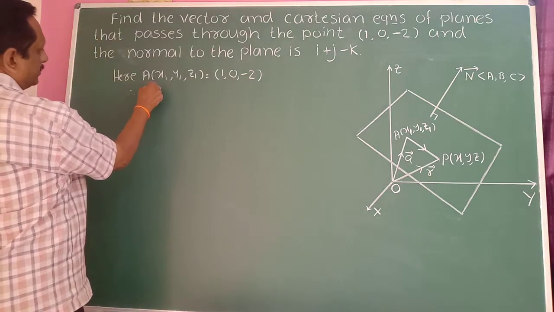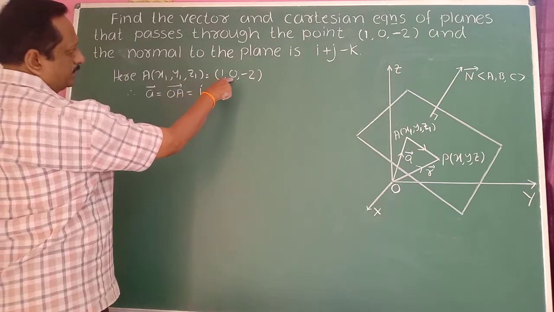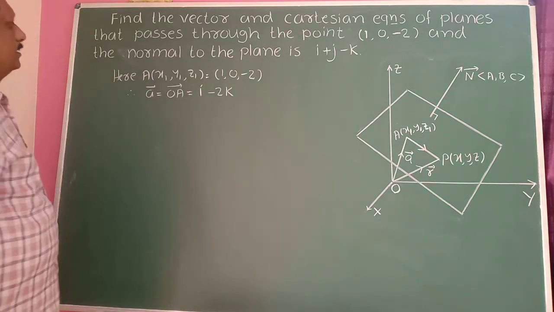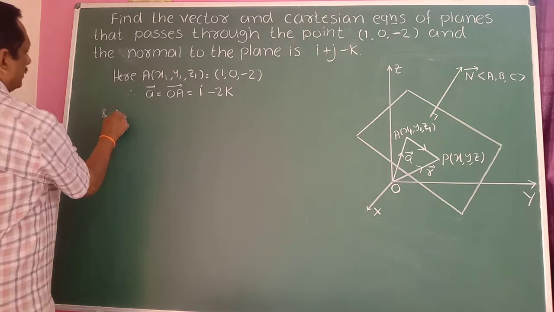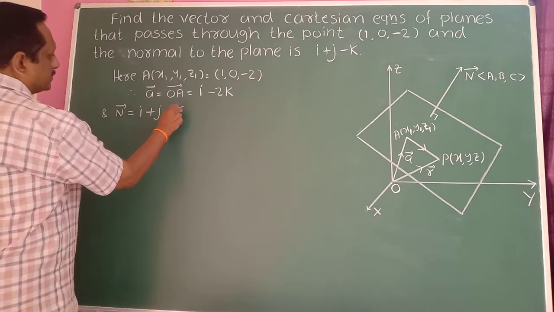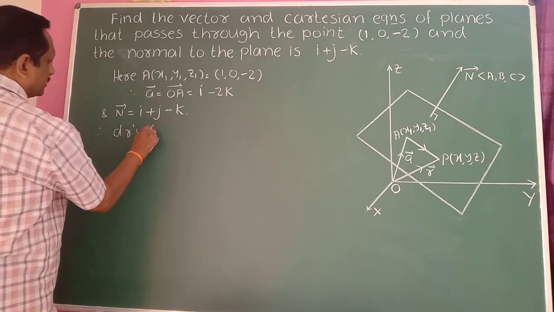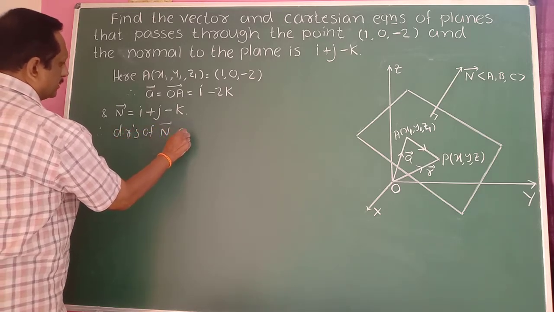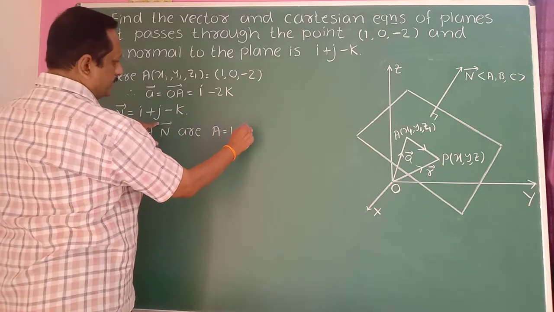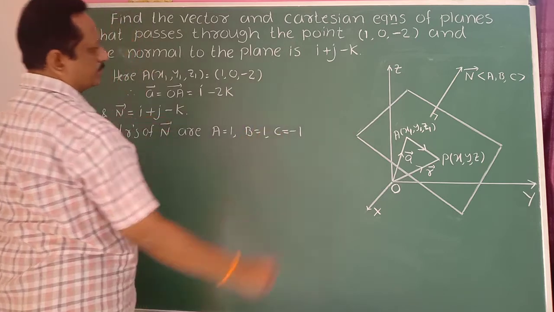The vector a bar is i + 0j − 2k. And the normal to the plane n bar is i + j − k. Therefore direction ratios of n bar are A = 1, B = 1 and C = −1.